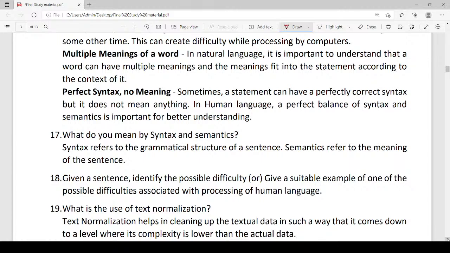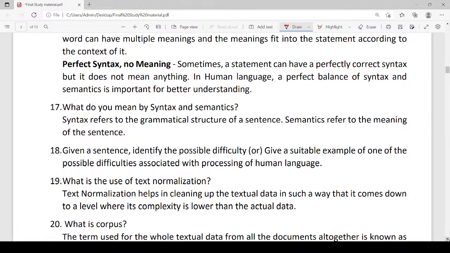So when we start with the process of normalizing text, we are taking a huge document and bringing it down to lesser words or the important words which are going to add essence to the document. So we are bringing down the level by cleaning up of textual data.